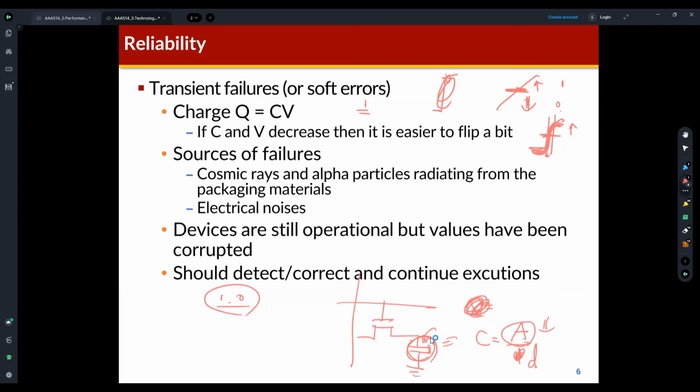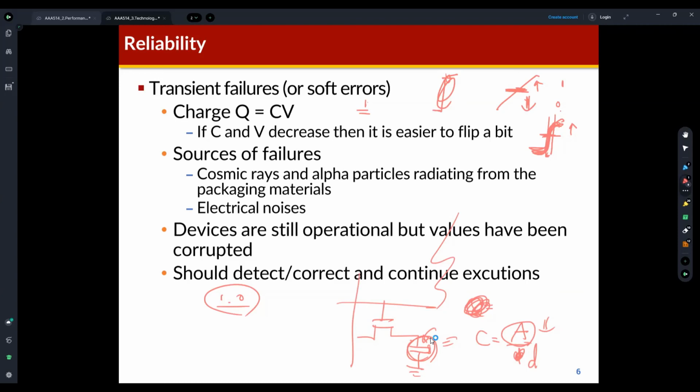We cannot see the cosmic rays from space, but some particles are hitting our devices currently.